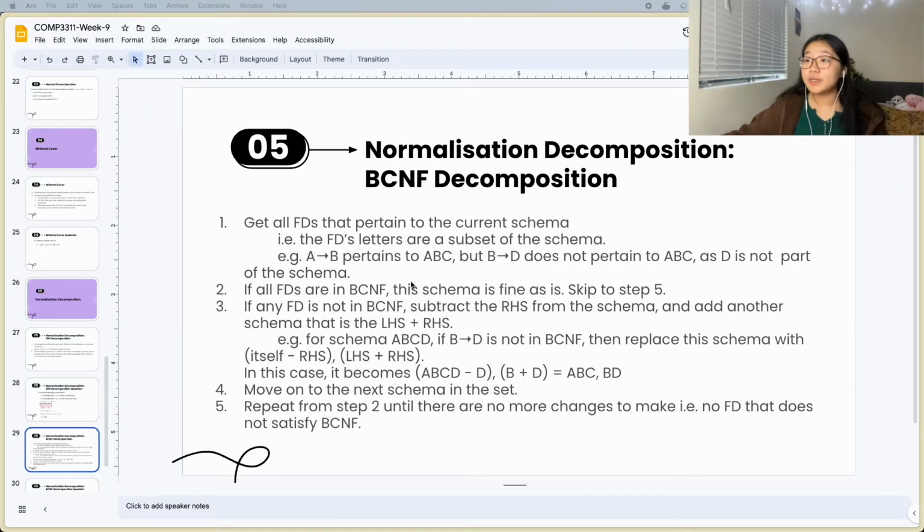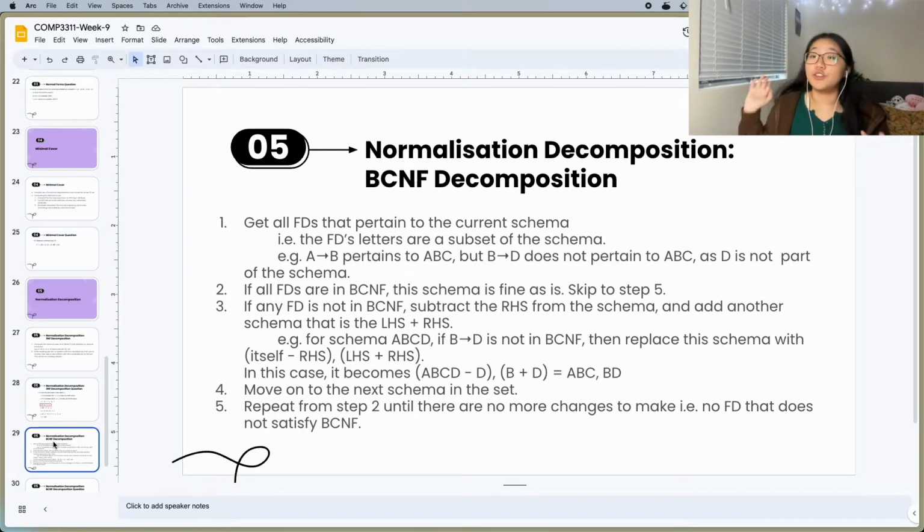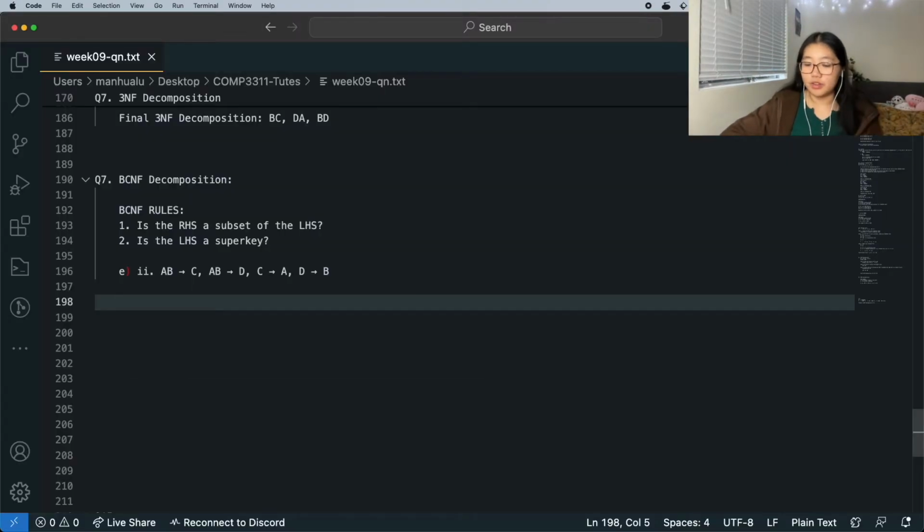A couple of things about BCNF decomposition is that it's non-deterministic. I want to stress this because when I was doing the course, I didn't know this, and I would think that my answer would have to be the exact same as the answer in the tutorial answers.